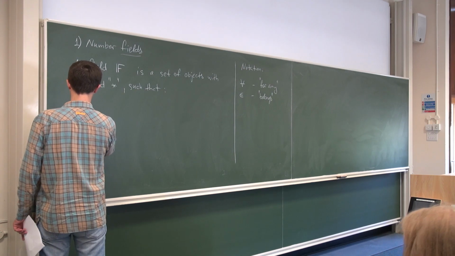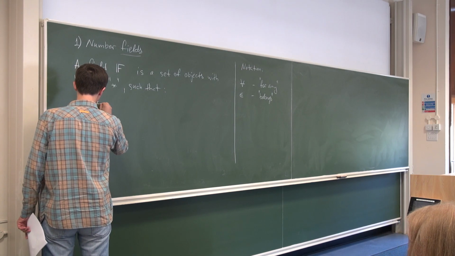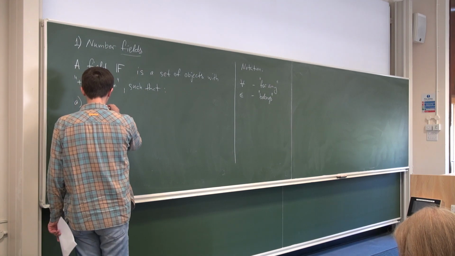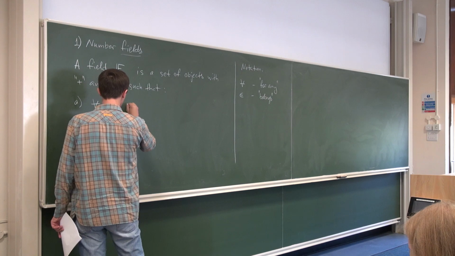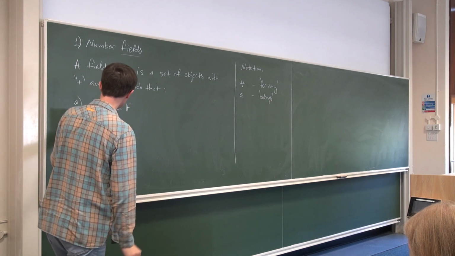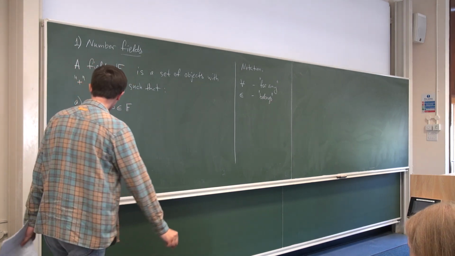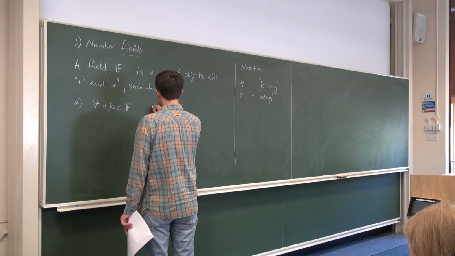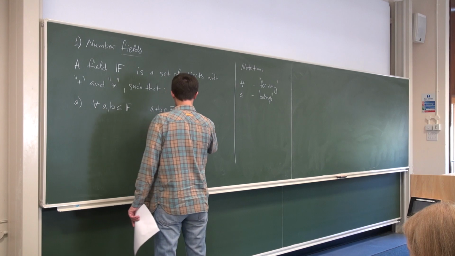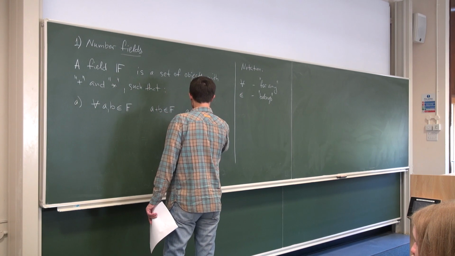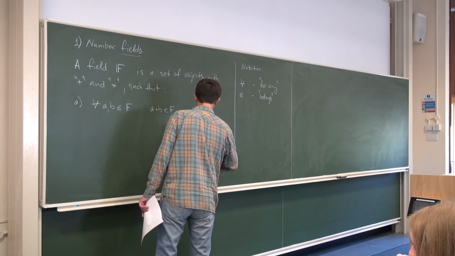So A. For any number A and number B belonging to F. So you can see the brevity of that notation. We must have A plus B belonging to F and A times B belonging to F.